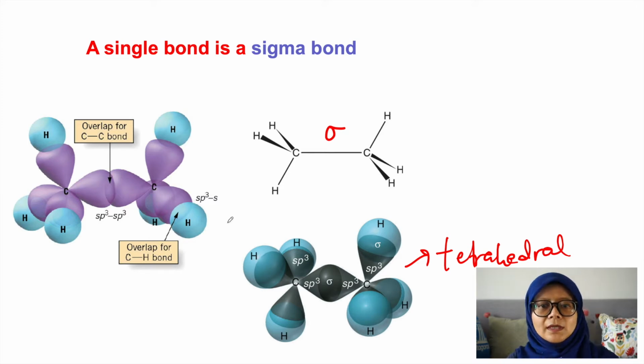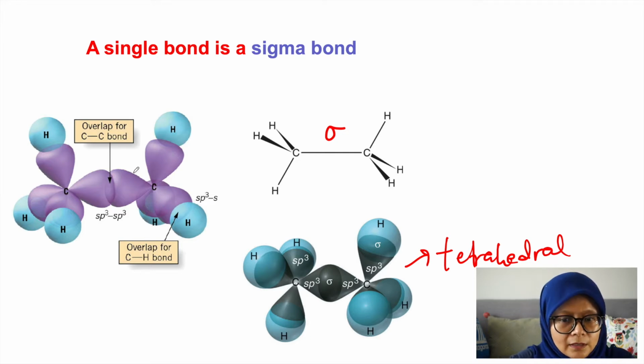So here we have two types of bonds. First one is the sigma bond and the second one is the pi bond. So how does this sigma bond form? It is actually overlapping of end-to-end orbitals in order to form the sigma bond. In this case, we have the C2H6.